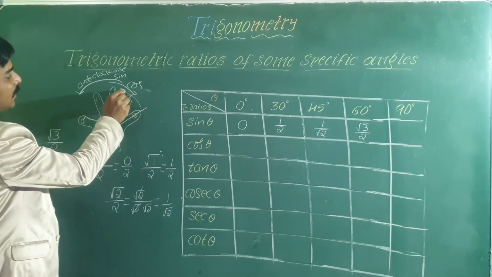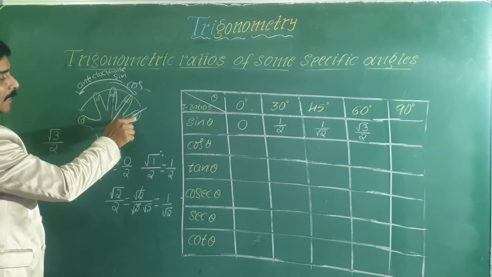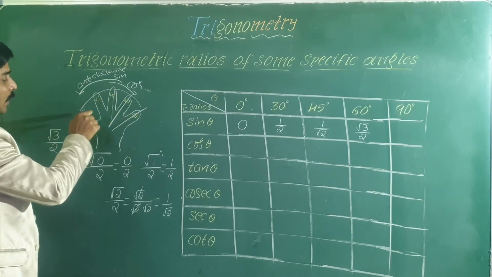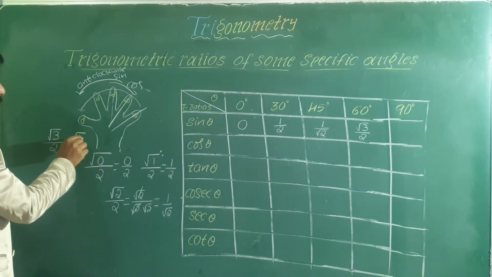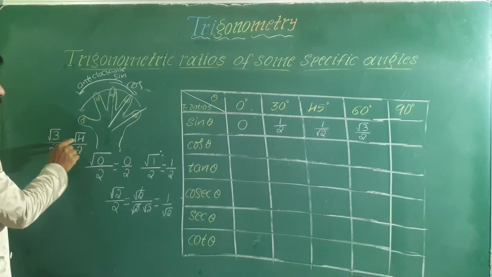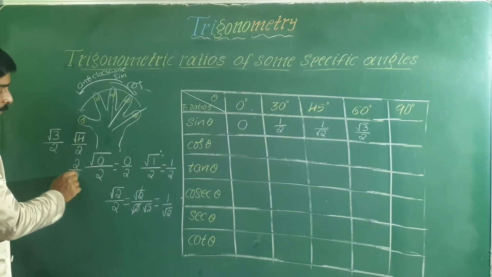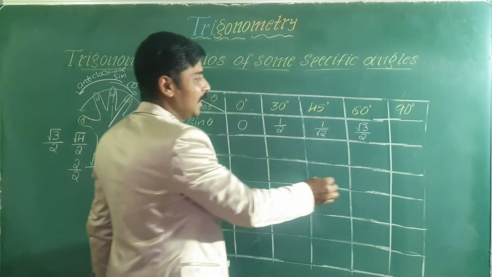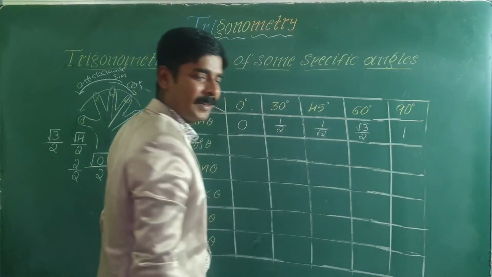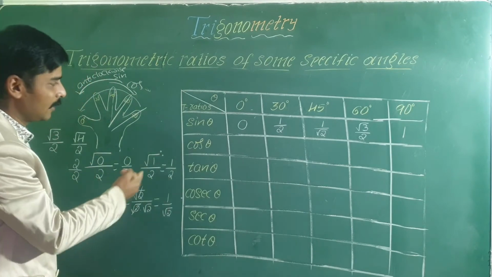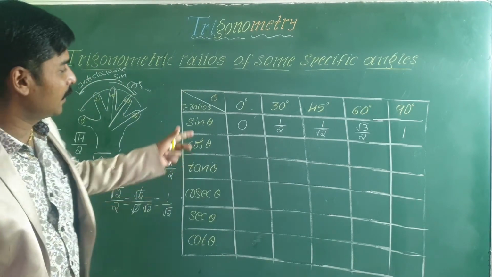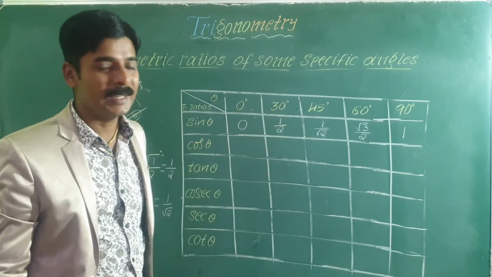How many fingers are there to the left side of 90 degree? 1, 2, 3, 4. So root of 4 divided by 2. Square root of 4 is 2. So 2 by 2 is 1. So sine 90 is 1. This is how you will find the values of sine 0, 30, 45, 60 and 90 degree.